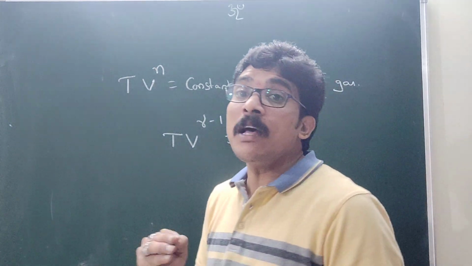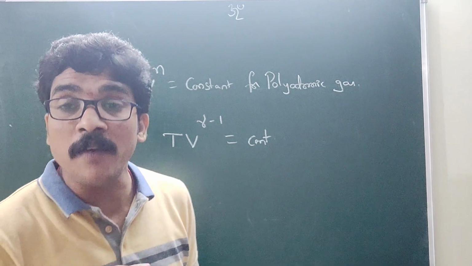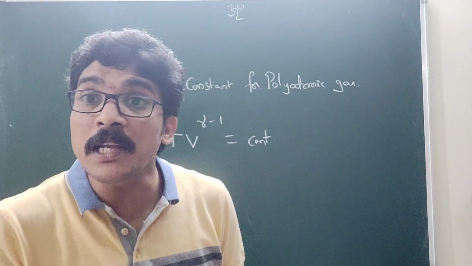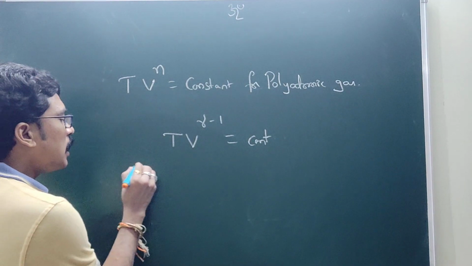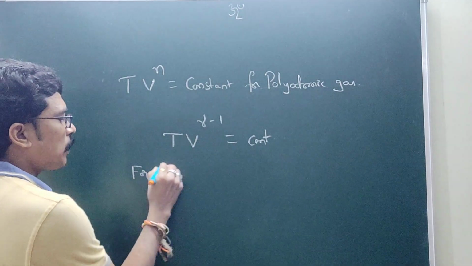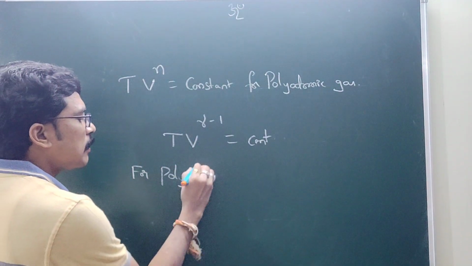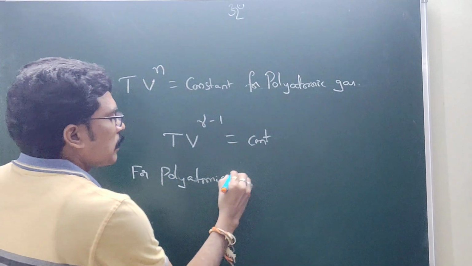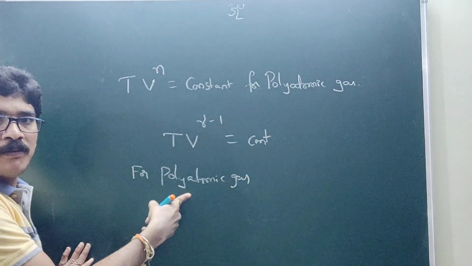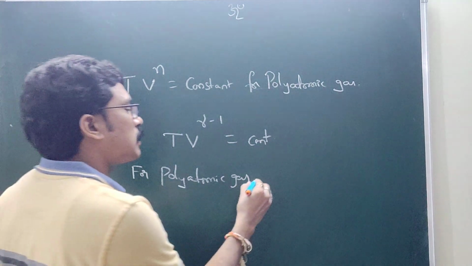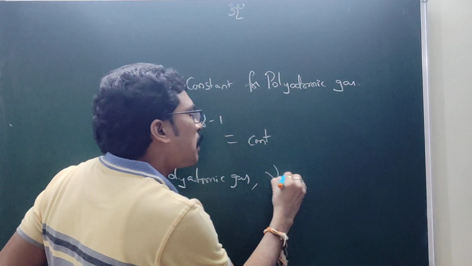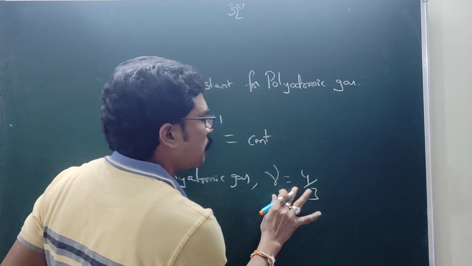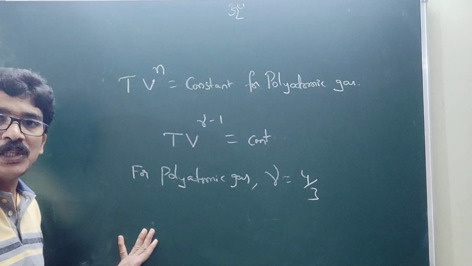What is the gamma value for polyatomic gases? For polyatomic gas, gamma is equal to 4 by 3.